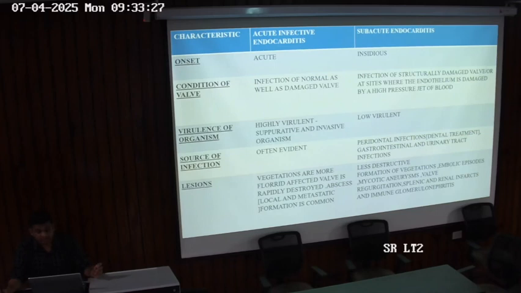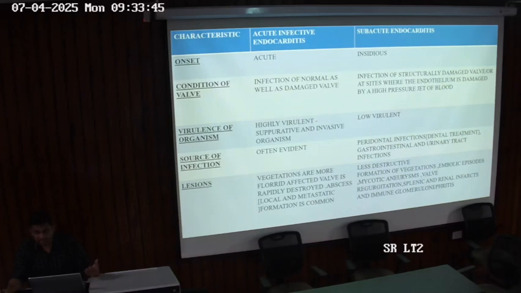Embolic episodes are rare. Mycotic aneurysm is common. Valve regurgitation. Splenic and renal infarct may be seen rather than abscess, because there is a mild form of endocarditis, so there is a chance of vegetation.